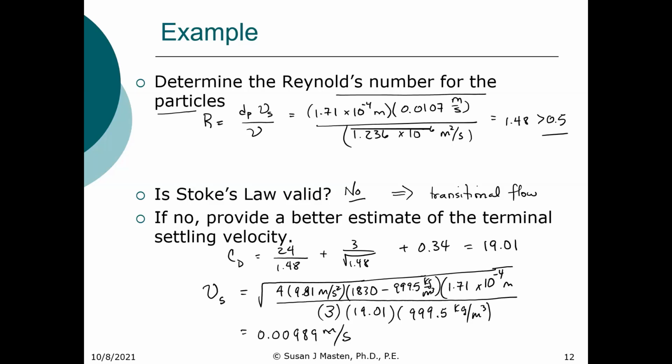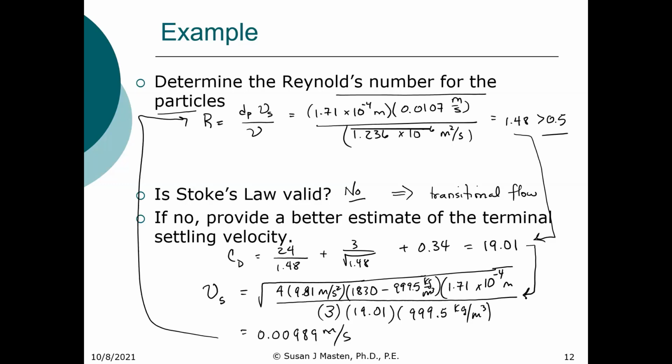So note what we would do is, now that we have this terminal settling velocity, we would go back and calculate the Reynolds number again. We would use the new Reynolds number to calculate a new coefficient of drag. We would use that coefficient of drag to calculate a new settling velocity, and we would continue to do that until the terminal settling velocity value actually converged on a solution.